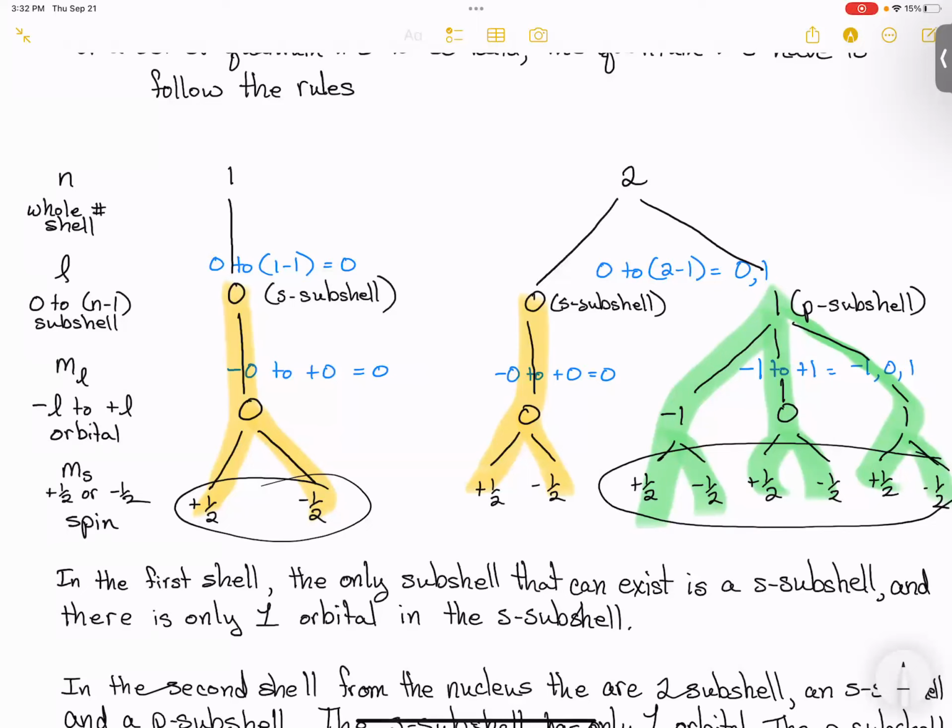So all we're doing is talking about an address for an electron instead. That's all quantum numbers are: addresses.